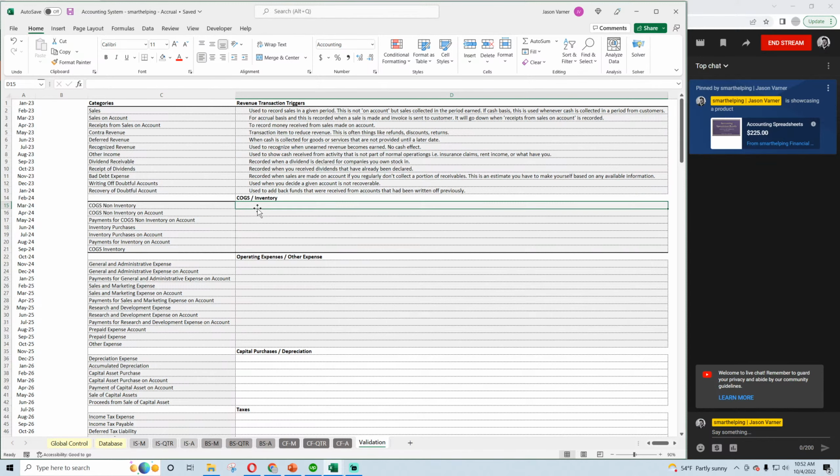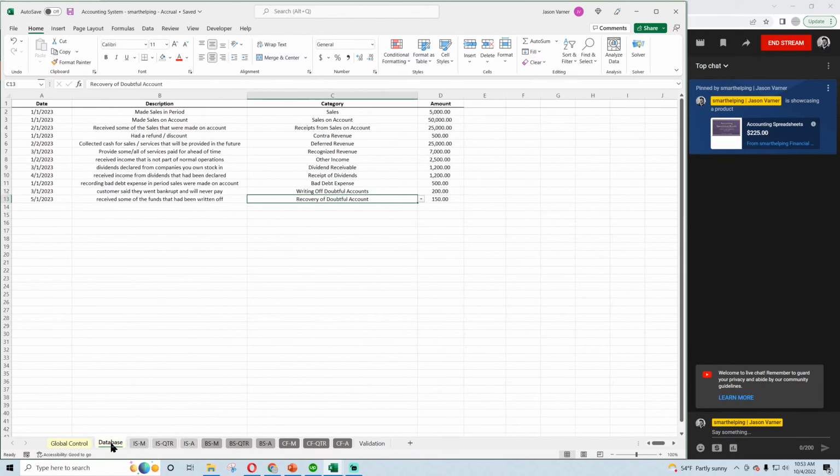It's insane. All right, so accrual. Let's look at cost of goods sold, non-inventory, and we can go back to January if we want, or let's just do February.